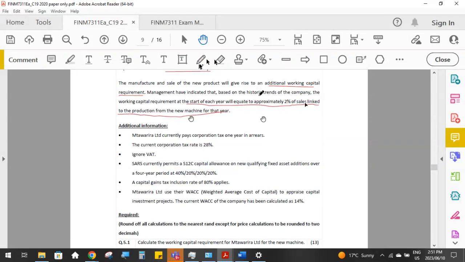You have to work out how many units will I make on the new machine, what is the selling price or sales value of those units, take 2% of that amount, and that is then what our working capital requirement will be at the start of each year.